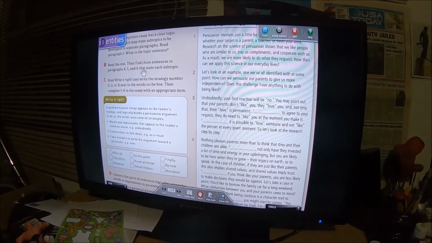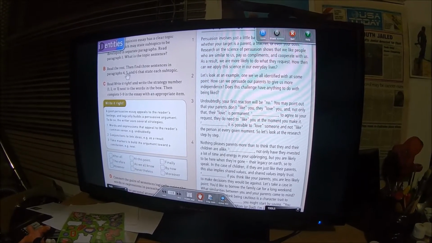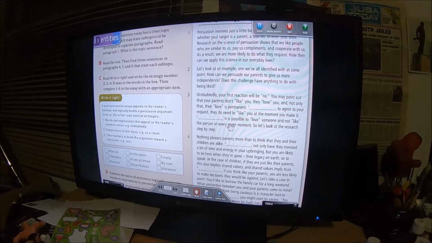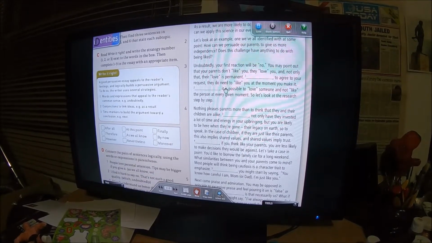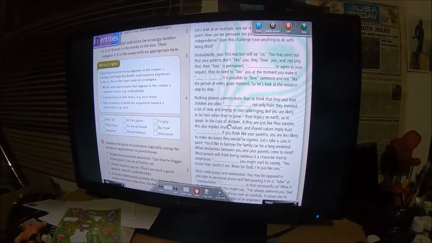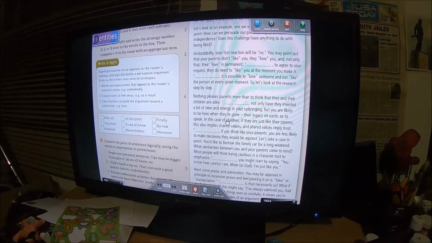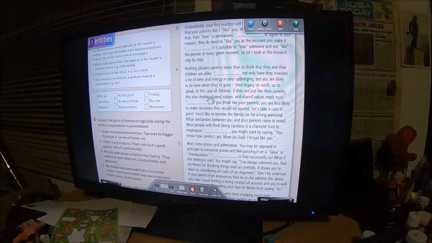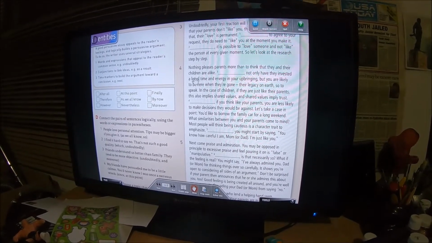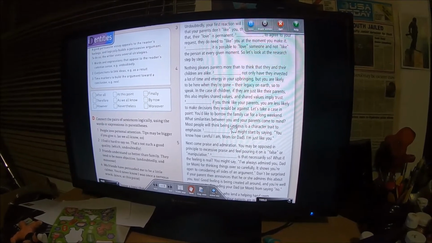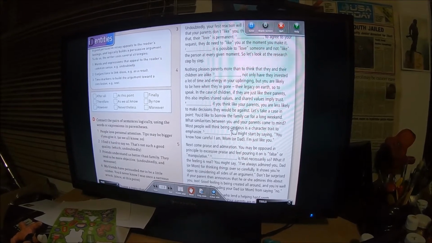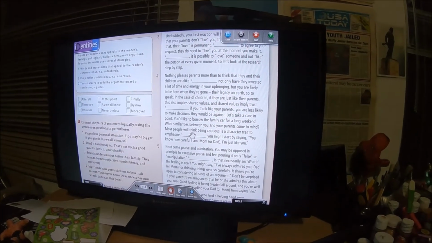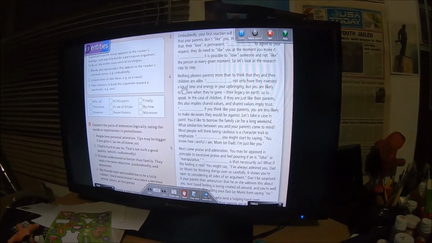It says, read the rest and find 3 sentences in paragraphs 4, 5, and 6 that state each subtopic. Let's see, which of these would be the subtopic sentence? Normally you're going to find it for the most part at the beginning. Sometimes it's in the second sentence, so we have to look at it. Let's look at paragraph number 4.